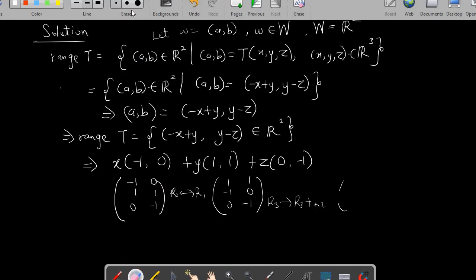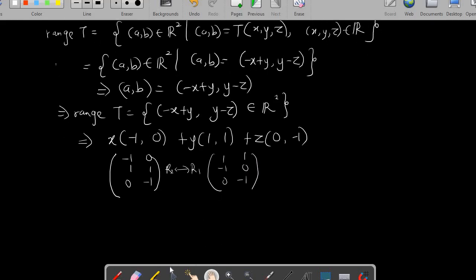The point is that you want to eliminate all the entries that are below the first pivot, and the first pivot is 1. So if you want to eliminate the −1 below it, just add it to this, and it will make this 1. So you can see that there's nothing you can do any further to this.